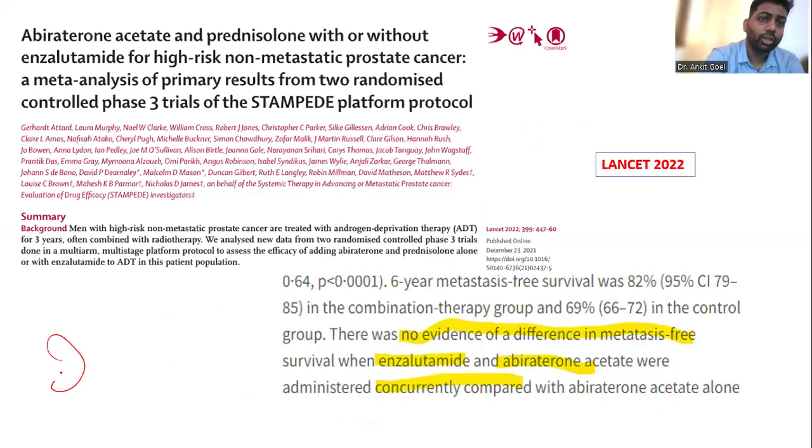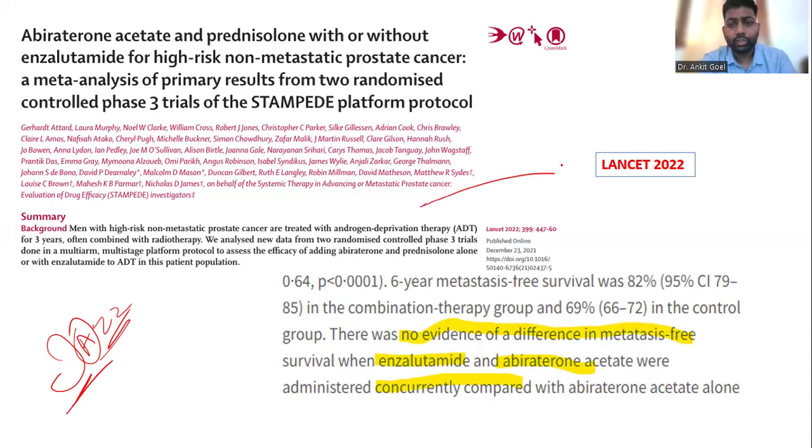Okay, so we are considering JAZ, which was abiraterone with enzalutamide. Does adding abiraterone to enzalutamide help? What does the arm J result of the Stampede indicate? If we discuss the outcomes published in Lancet 22, the concurrent administration of abiraterone with enzalutamide is not going to help.